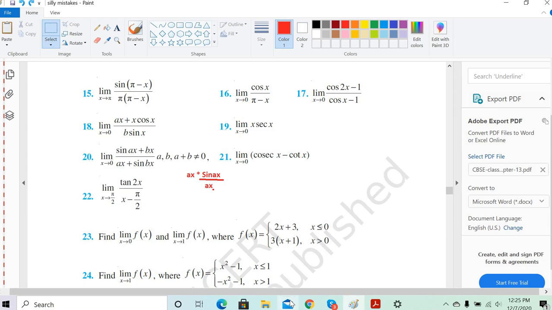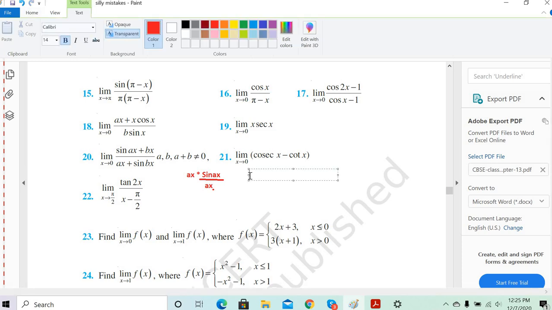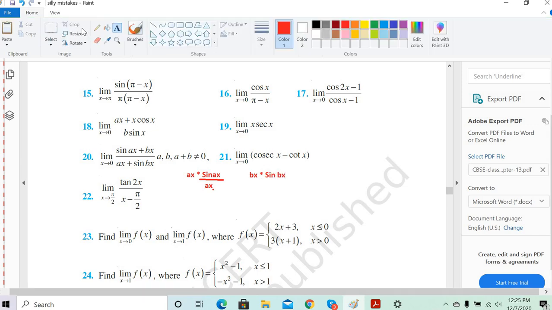Correct? And similarly, sin bx we can write like how? We want the sin bx, that means bx into sin bx by bx. So we are not changing anything, right? Now we can group the sin bx by bx.